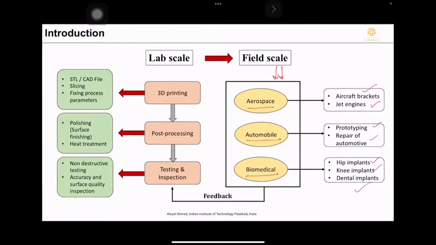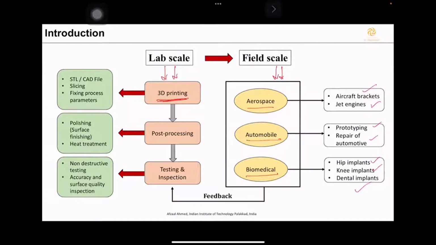But if you see what we are doing at the lab scale, we are doing 3D printing. That means additive manufacturing, be it polymer based or metal based, but we are doing it at prototype level. We are not fabricating components like jet engines or aircraft brackets or hip implants at that level.